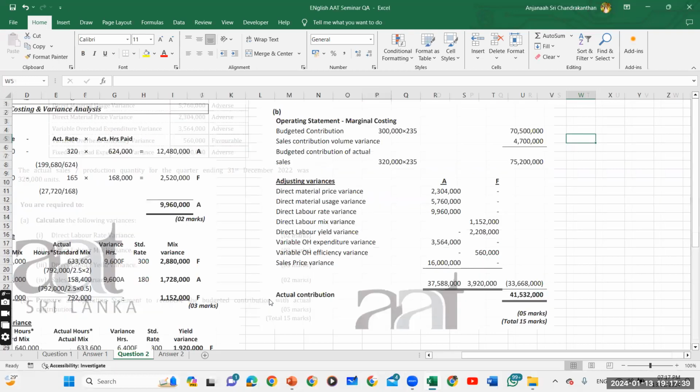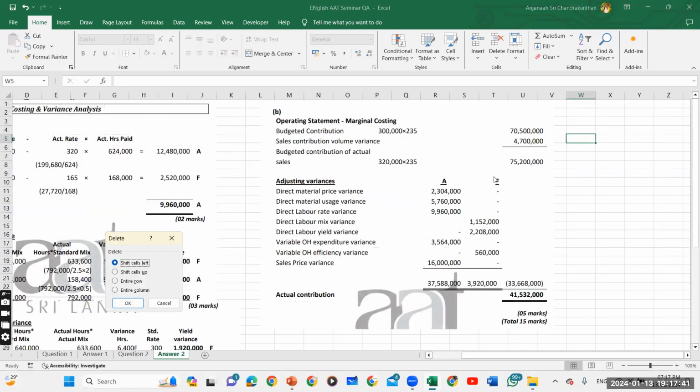Next, children, look. See, this adverse and favorable, you have to adjust them accordingly. Right? What are the adverse variances? What are the favorable variances? Accordingly, you have to add it. Okay? See, that is how you get it. Okay? Actual contribution. So finally, for all this, you get how many marks? You get 15 marks.